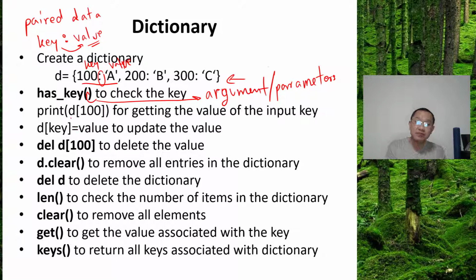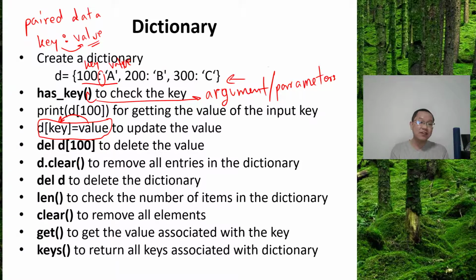You can put the key inside the square brackets in order to index for the value, to get the value from the key of interest. Or you can use this syntax if you want to change the value corresponding to this particular key.